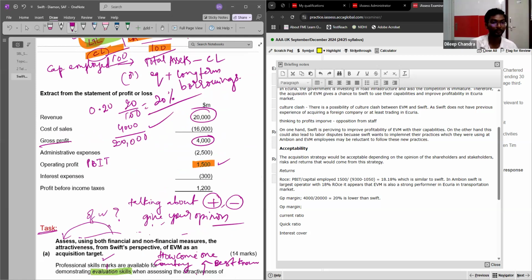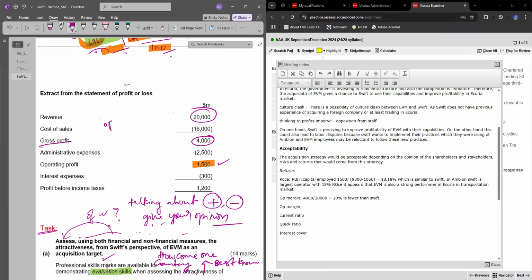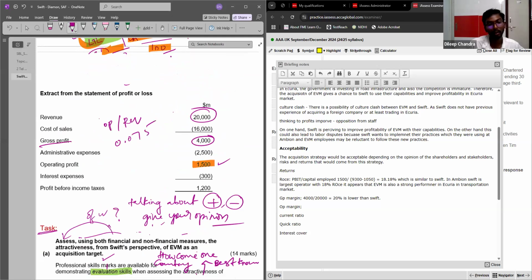Here it is. Operating profit by revenue is 0.075, which means 7.5%.